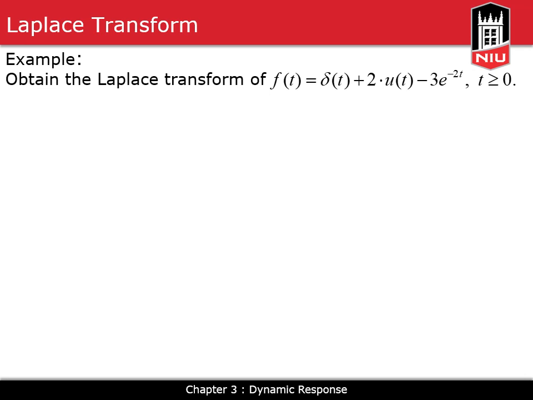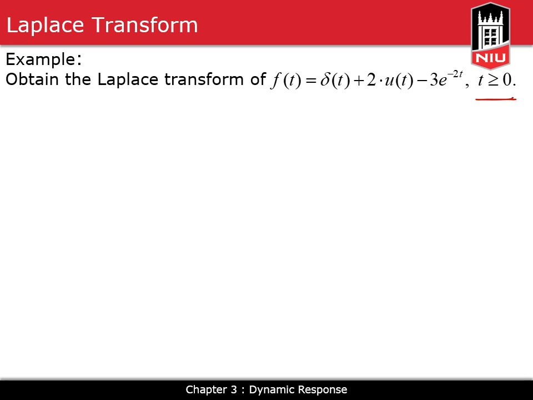As I said before, all the functions we work with are only defined at t equal to or greater than 0. So that means the function is 0 before time 0. Even if that is not written, you can always make that assumption. So the function is 0 before time 0.